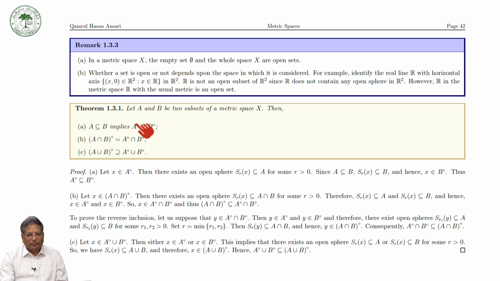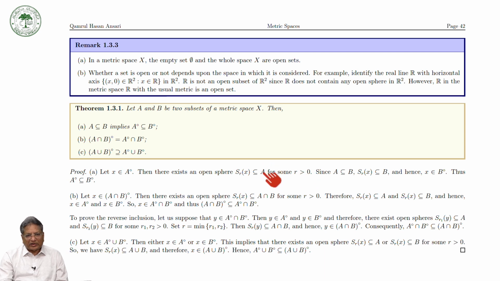So how can we do it? We can take a point X in interior of A, and we will prove that it is an element of interior of B. So let us take X an element of interior of A. Because it is an interior point of A, it must be the center of some open sphere contained in A. So there exists an open sphere S_r(X) contained in A for some r.